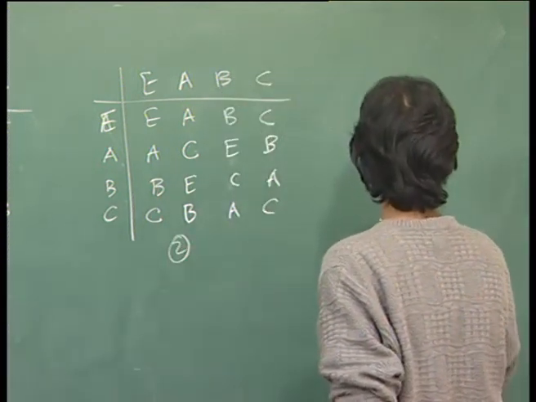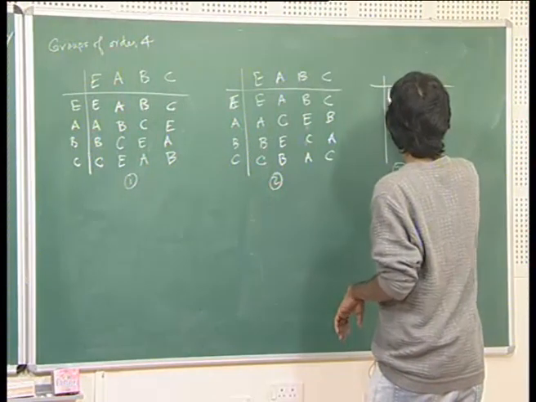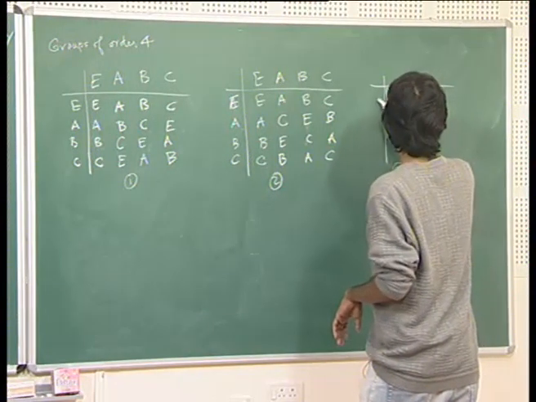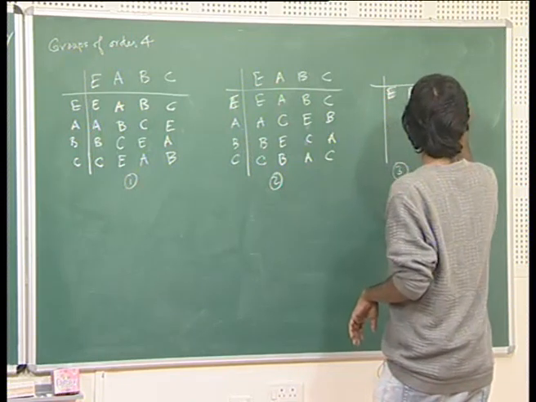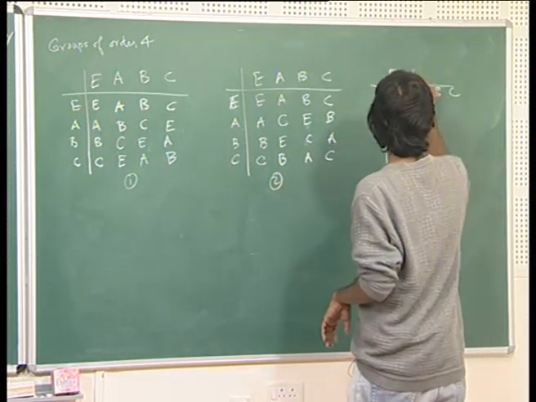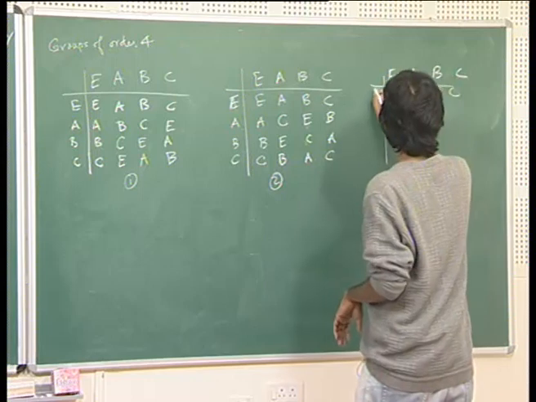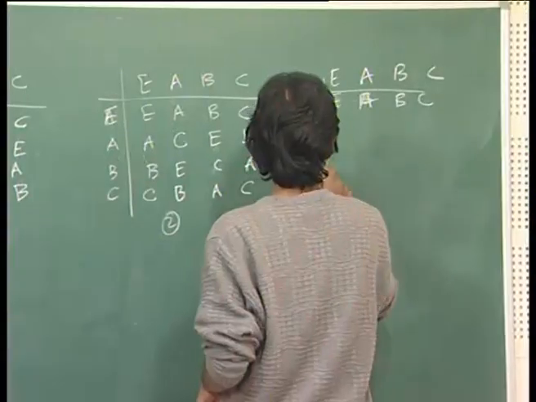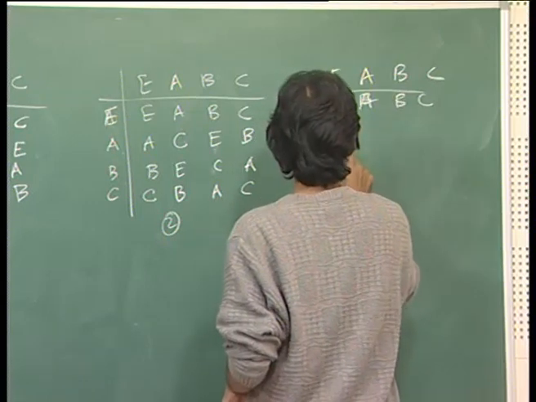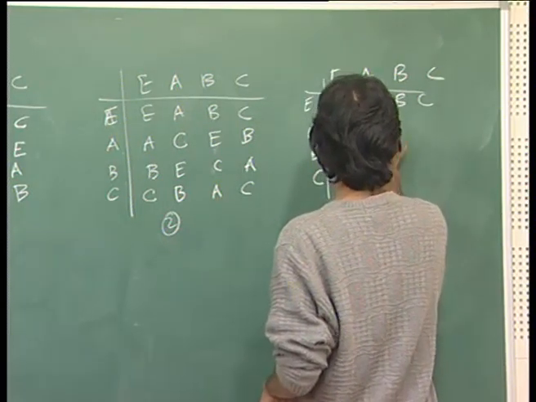And the third possibility is that A times A is identity.